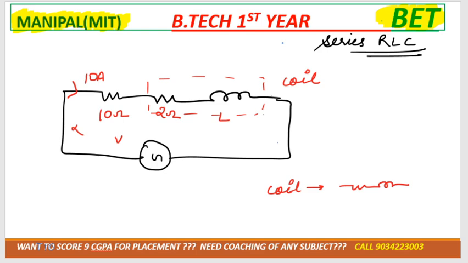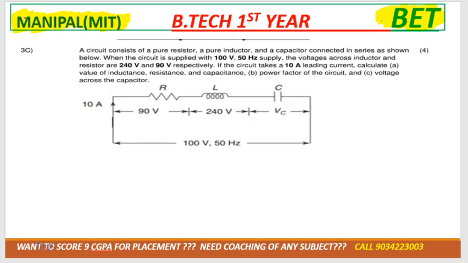This is your question from the 2023 makeup exam. Now we consider that the circuit diagram is not given, only the statement is given. So now I am telling you how from the statement we need to convert it into a diagram.